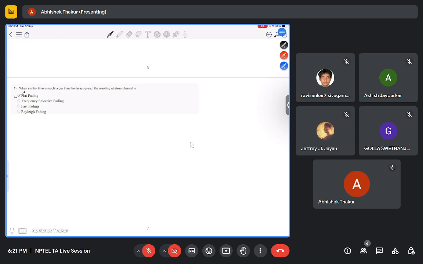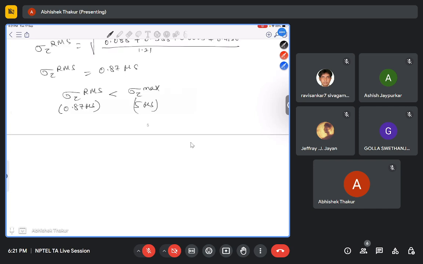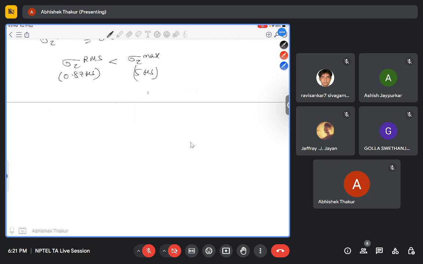So we will see this. We'll first go through the concept of this topic. Inter symbol interference occurs when delay spread is greater than the time period of a symbol. So this is the case for inter-symbol interference.